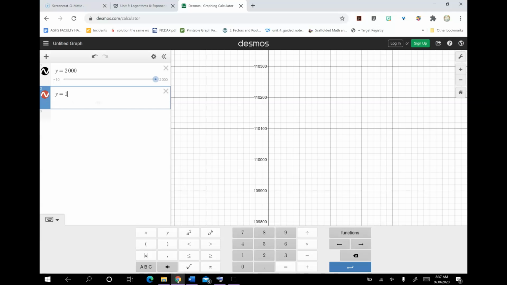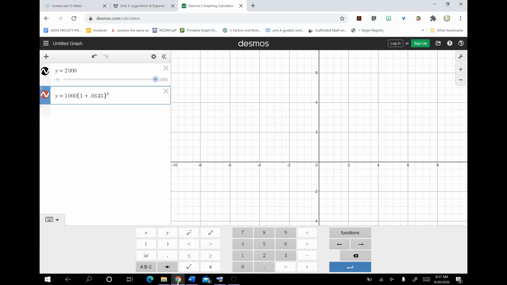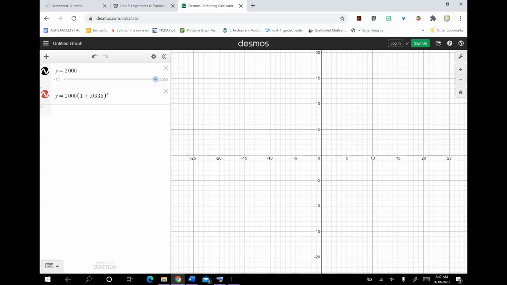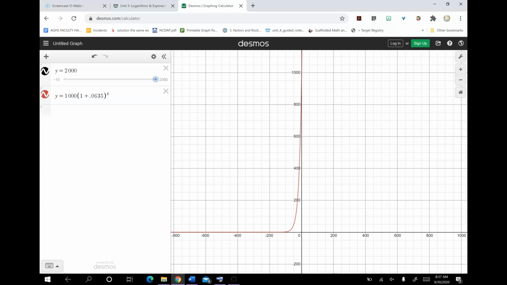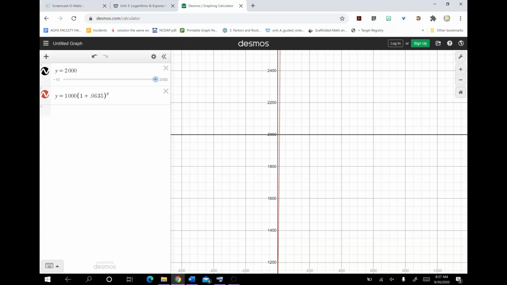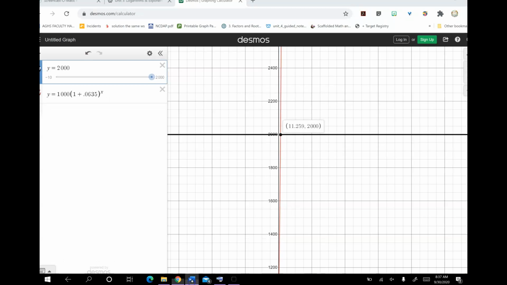Y equals 1,000, and then it's 1 plus 0.0635, raise it to the x, find their intersection. I am going to go home on this one because we need to go back down to 2,000. So, zoom, scroll, there we go, look right there. So it's going to take about 11 years for it to double.